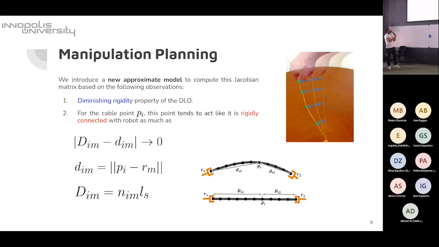The second observation is that the more the cable is stretched, the more rigidly it moves. So as much as D capital minus this monitor equals 0 tends to 0, the point Pi tends to act as if it's rigidly connected to the robot.